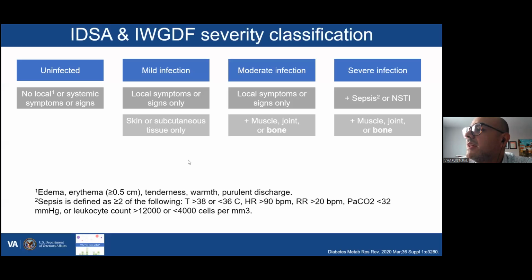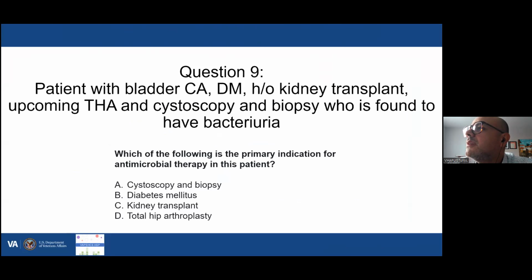Great. The answer for this one was A, fantastic. Cystoscopy and biopsy. Yep. So for patients with asymptomatic bacteriuria, you only treat them if they're pregnant or if they're about to undergo a urologic procedure with mucosal breakage. A lot of people pick kidney transplant or total hip arthroplasty.